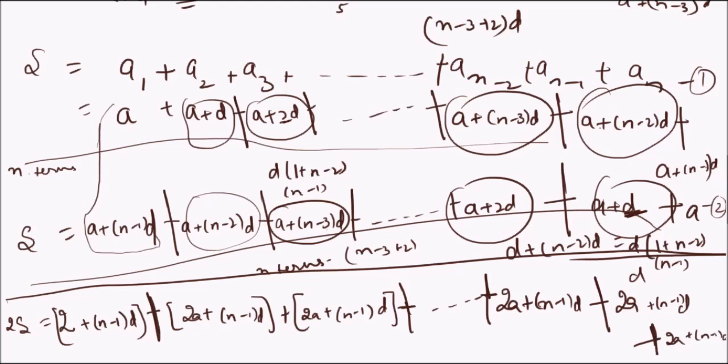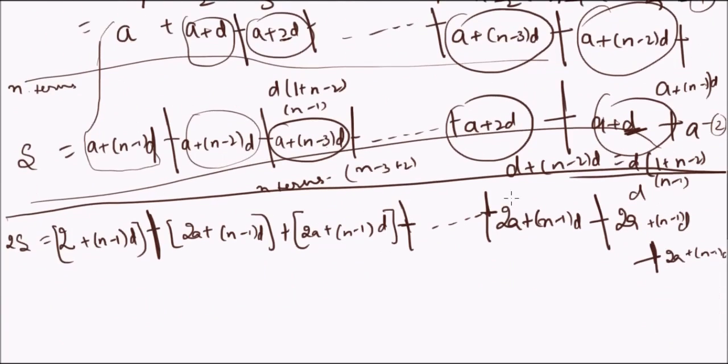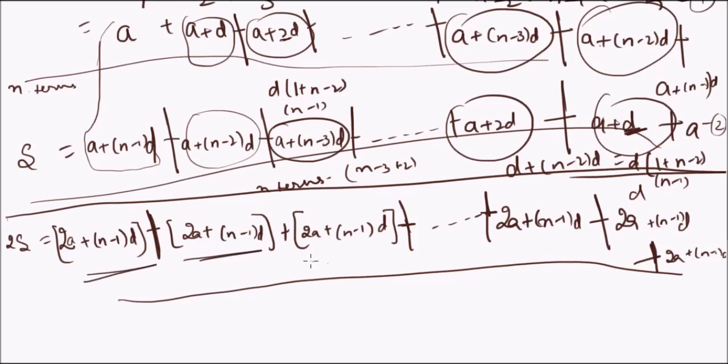Clearly, since both the series contain N number of terms, this series will also contain N number of terms, because each term is added to the corresponding term of the second series, and we are having the same factor, that is 2A plus N minus 1D, at each term till the Nth term.